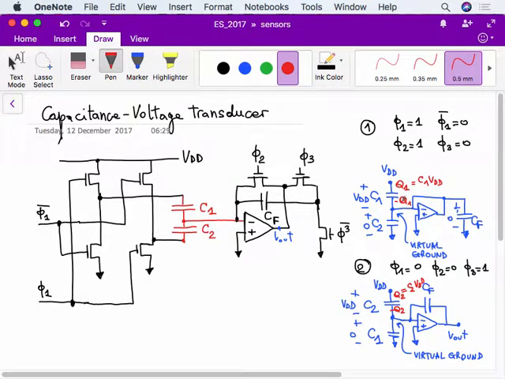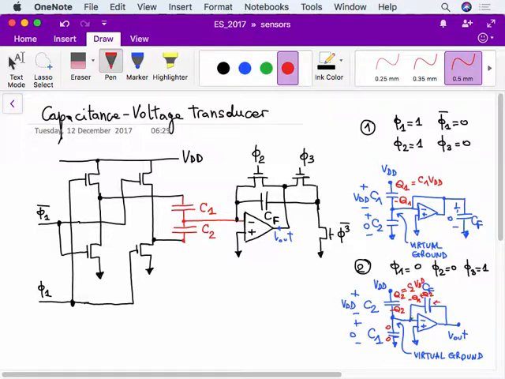Now, here we have a charge that is 0, because C1 is completely discharged. But since we had before a charge minus Q1 on C1, where did this charge go? Actually, the only place it could go is on this plate. So on this plate, since the total charge on this node was Q1 before, and now we have minus Q2 here, and the total charge is not changed, it means that we have on this other plate minus Q1 plus Q2.